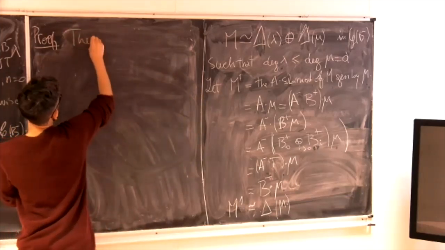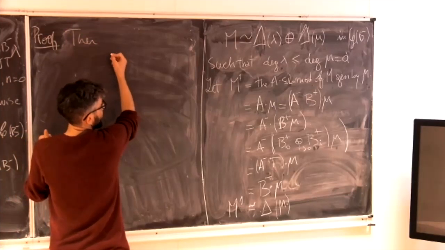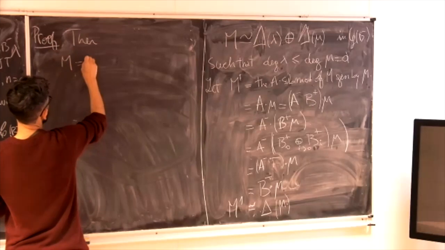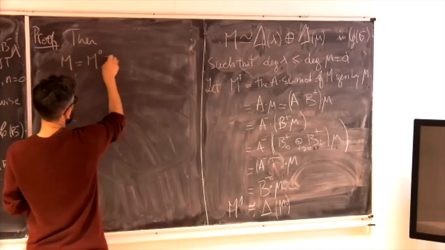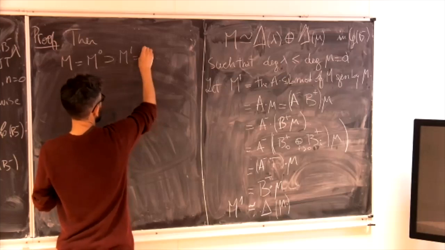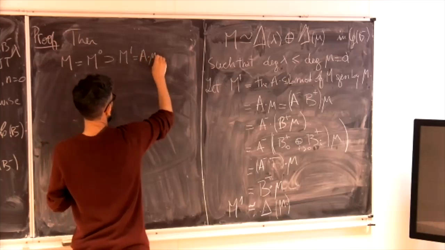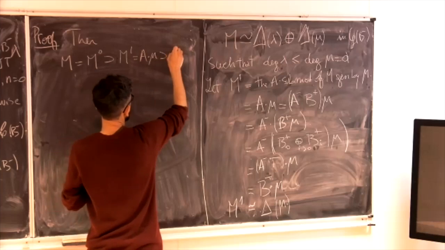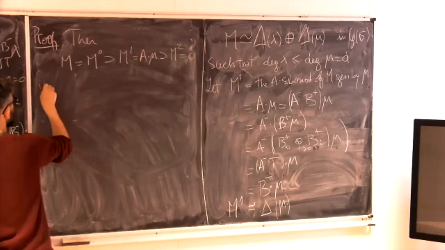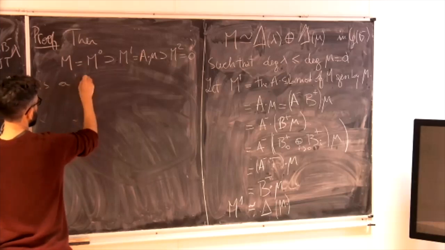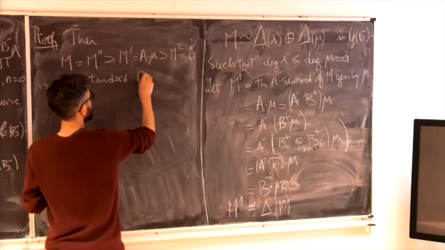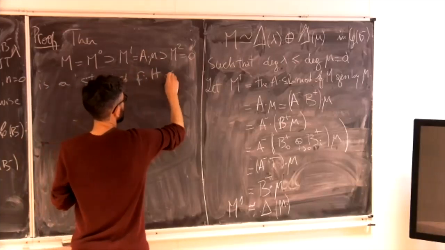Then m equal to m0, m1 equal to the submodule generated by mu, and m2 equals 0 is a standard filtration of m.